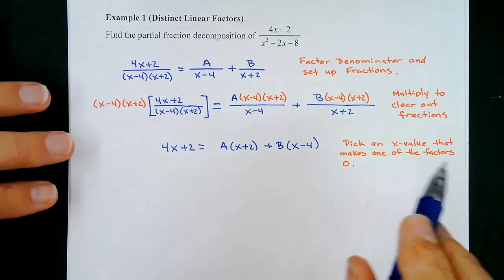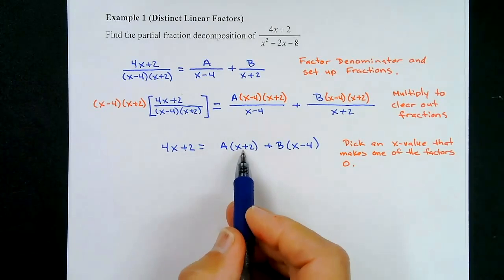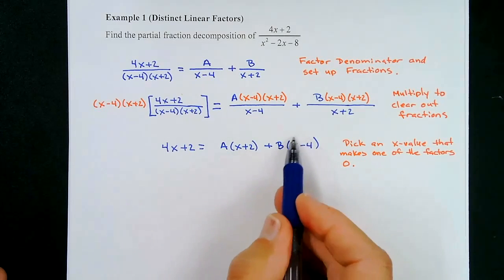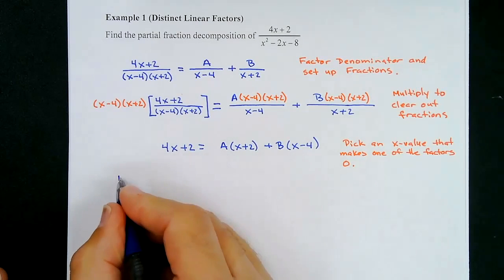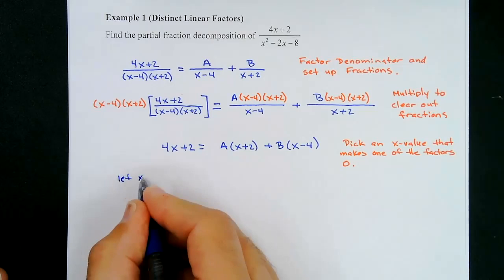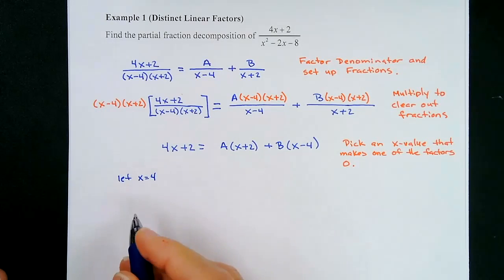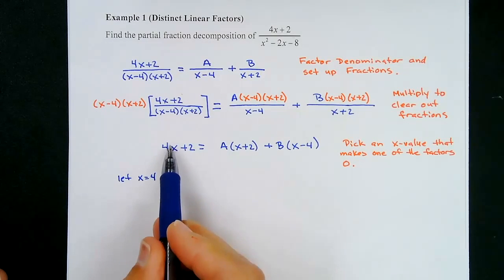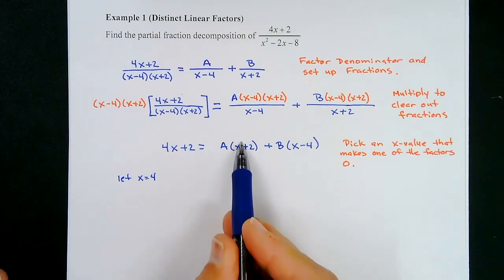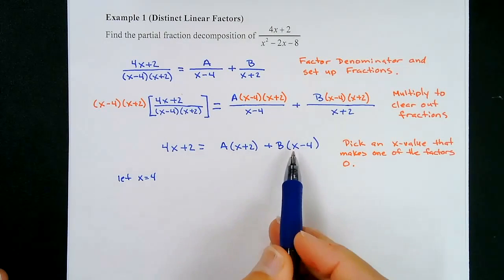All right, so if we do that over here, I'm going to let x equal 4. So here, this x is going to be 4, this x is going to be 4, and this x is going to be 4.